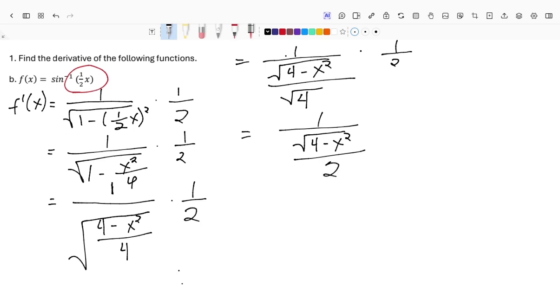And now we have this denominator here and 1 half multiplied by 2 over square root of 4 minus x squared.